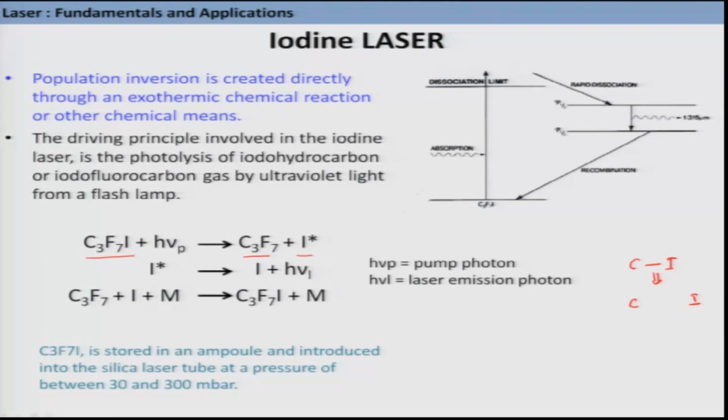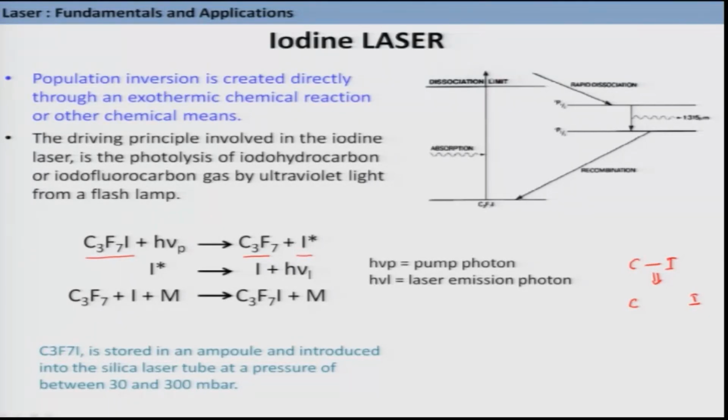If you look at the energy level diagram, you will see that the first absorption of light takes the molecule beyond the dissociation limit. When I talk about this dissociation limit, I am talking about the C-I bond dissociation limit. The C-F bond can dissociate also, but that requires a totally different amount of energy.